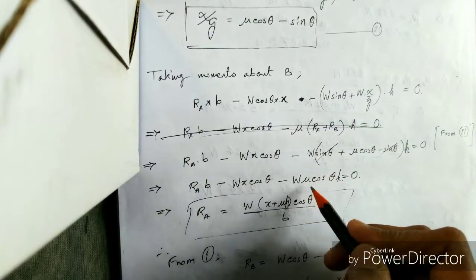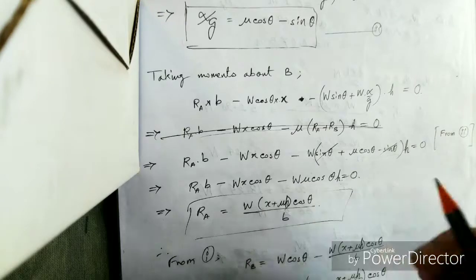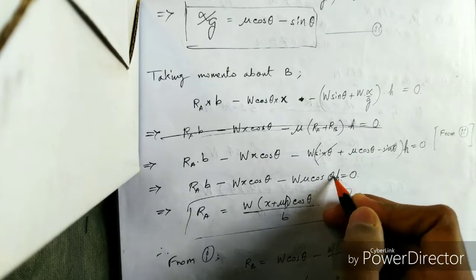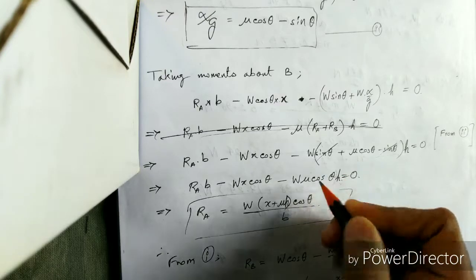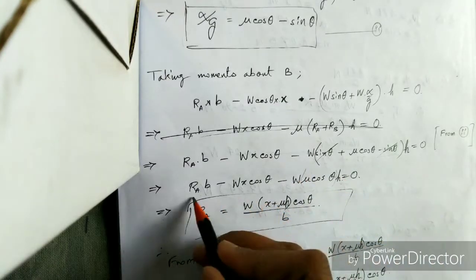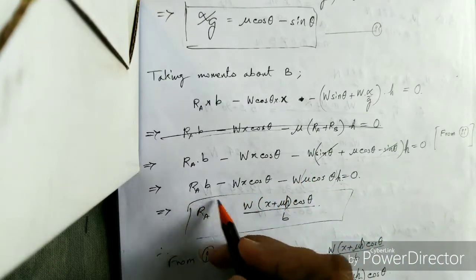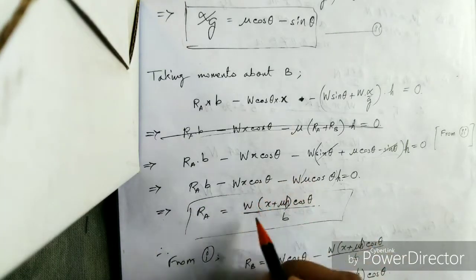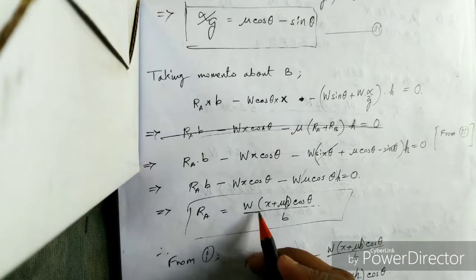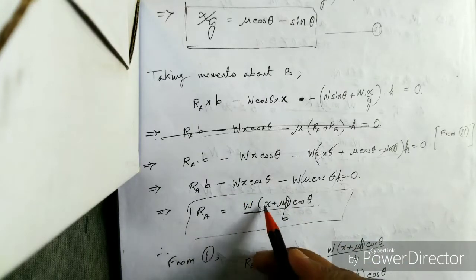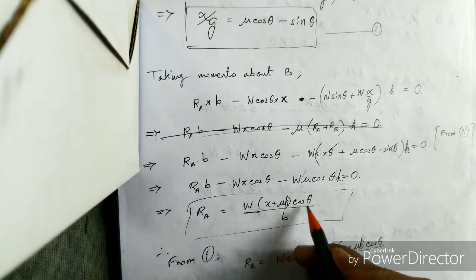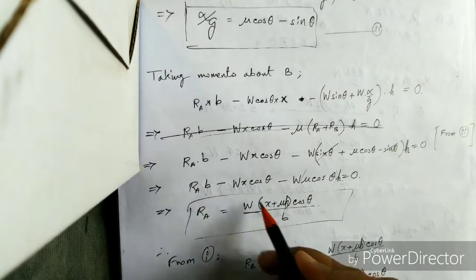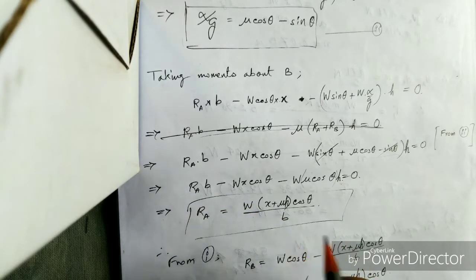So you get W into mu cos theta into H. Don't think that this H is multiplied with this theta, it's separate. Now we can get the value of RA. Switch these two parts over to the other side, take W common, and you get X plus mu H into cos theta, divided by B. So you can check it out.